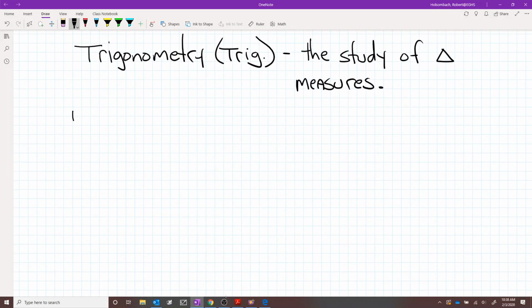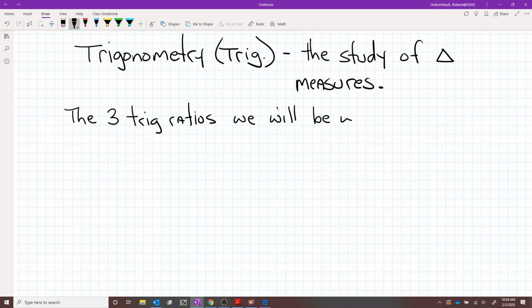The three trig ratios we will be working with today are, it's the row on your calculator that's 3 above the 7, 8, and 9.